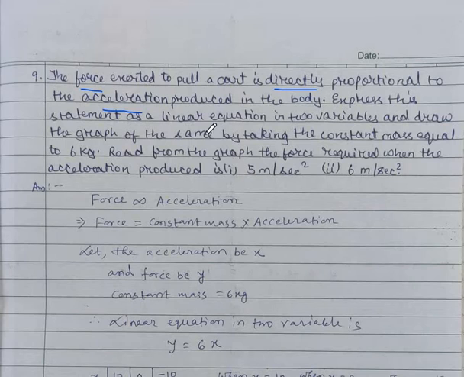They are telling us to make a linear equation in two variables and draw the graph, by taking a constant mass equal to 6 kg. And from the graph, read the force required when the acceleration produced is 5 meter per second square and 6 meter per second square. After drawing the graph, you will do these two questions.